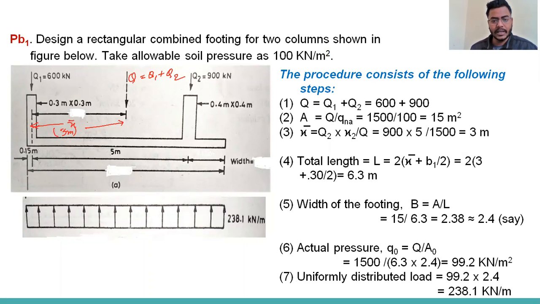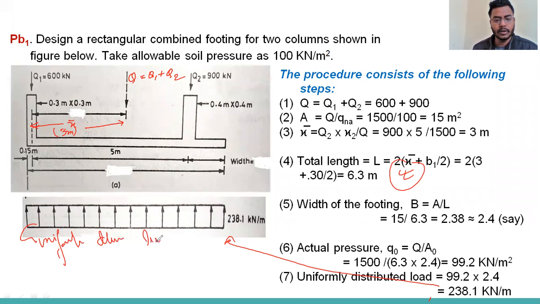Once we have the UDL, by this operation a uniform pressure distribution acts at the base of the footing, and this shows the uniformly distributed load, that is 238.1 kilonewton per meter. Are you getting my point?